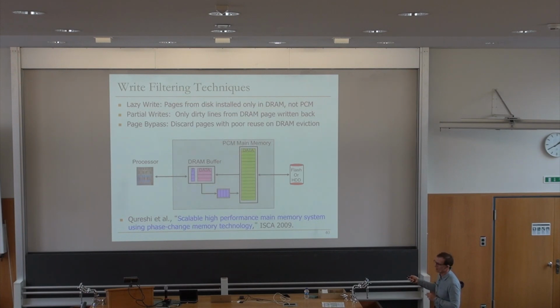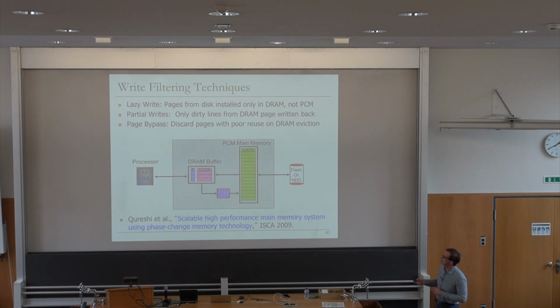Every write is precious, so you directly put the data over here. That sounds good, right? The other idea is very similar to what we earlier described. Basically, partial writes. Only the dirty lines from DRAM get written back to phase change memory. You don't write the entire page, basically, which makes sense. And even within the dirty lines, you can actually do the optimization that I just discussed, right? Only the dirty words you can put in there.